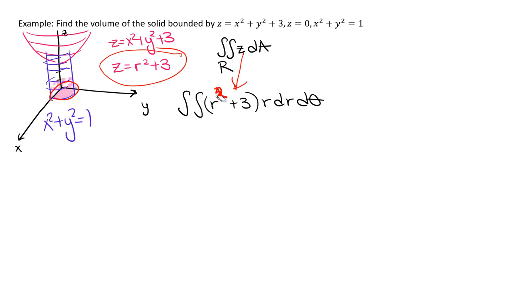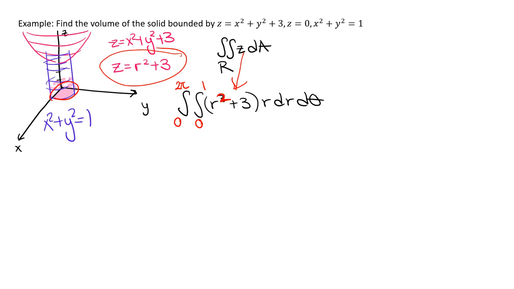So let's see, this is a 2 right here. Okay, there we go. So my r values are going to go from 0 to 1 because we've got a circle of radius 1. We're going all the way around the circle, so the angles go from 0 to 2 pi. And so that's the integral we need to solve to find the volume of this solid.